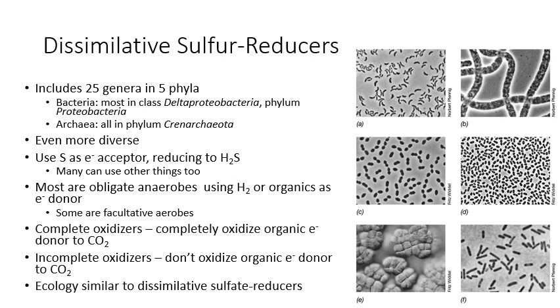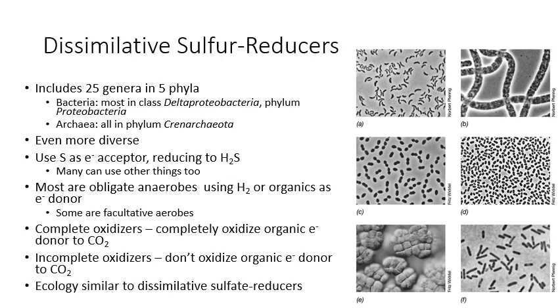They're all able to use sulfur as their electron acceptor for anaerobic respiration, which would reduce it to hydrogen sulfide. But a lot of them can also use other things like nitrate, or do fermentation. Most of them are, again, obligate anaerobes that can't tolerate the presence of oxygen. They're usually going to use molecular hydrogen or some type of organic compound as their electron donor.